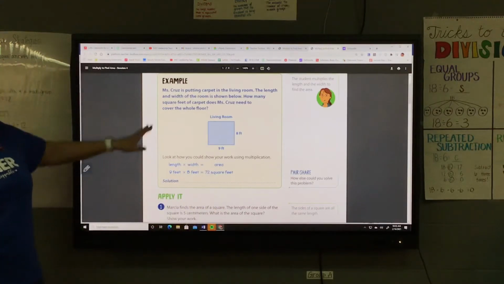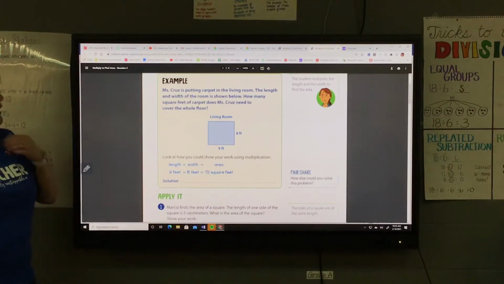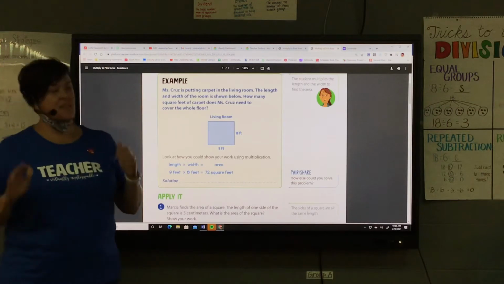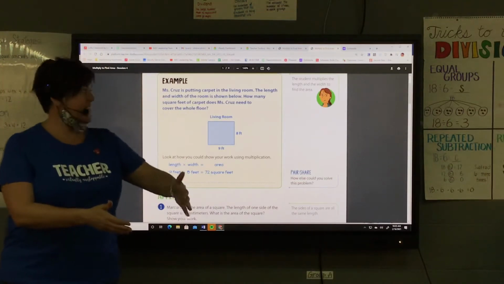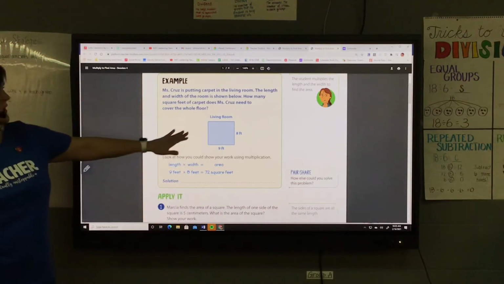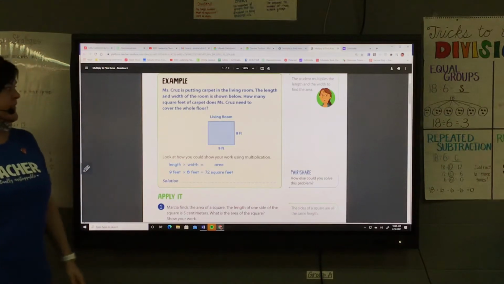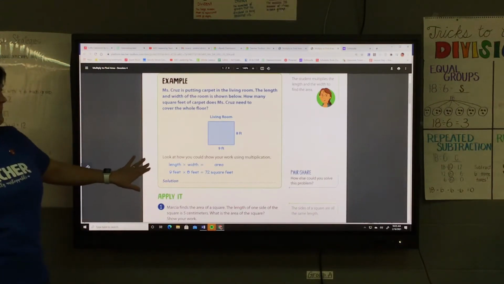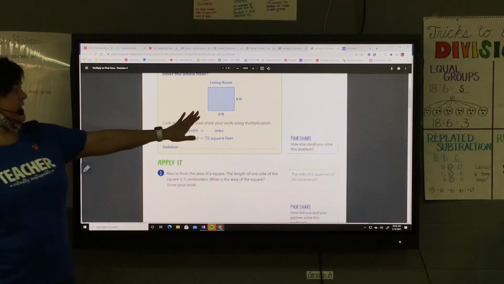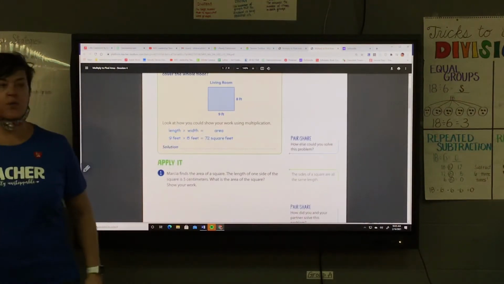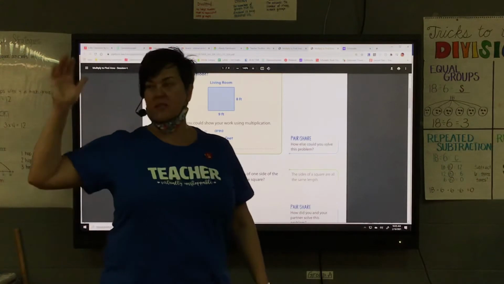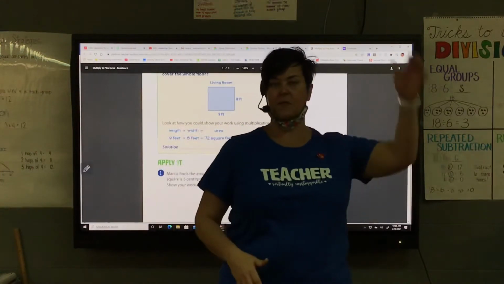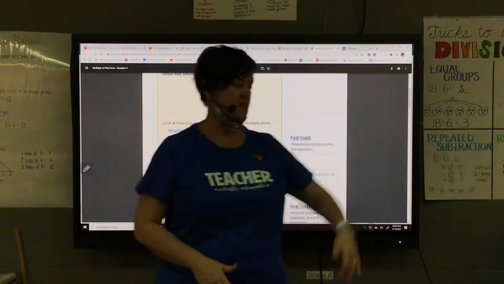All right, so Miss Cruz is putting carpet in the living room. The length and width of the room is shown below. How many square feet of carpet does Miss Cruz need to cover the whole floor? All right, so we already know that when we find the area, we multiply the length times the width.